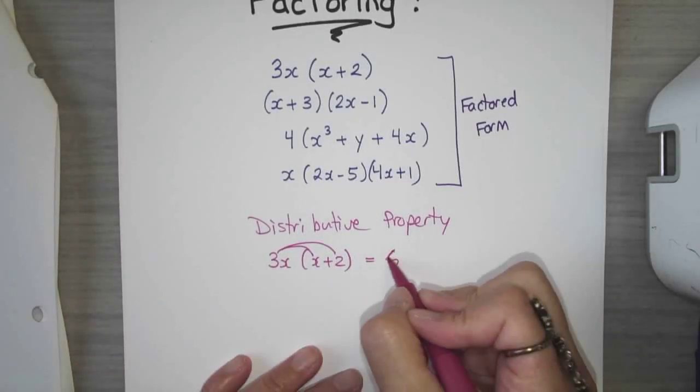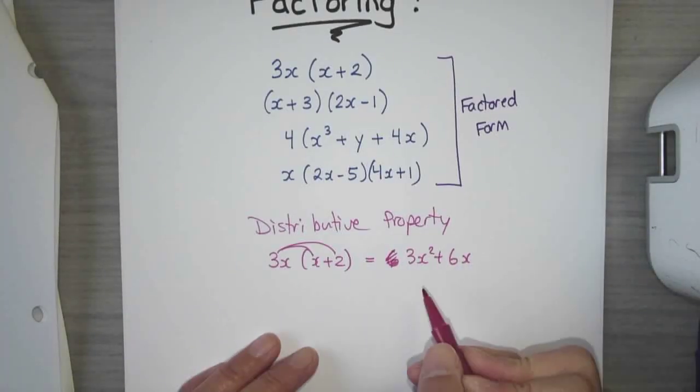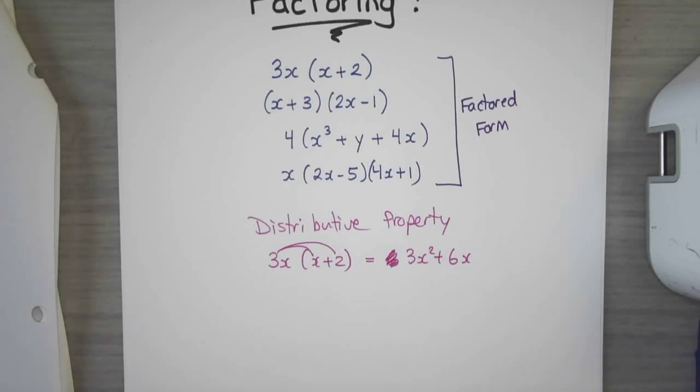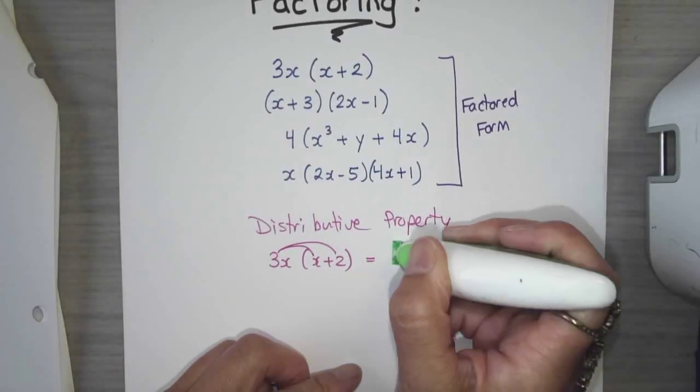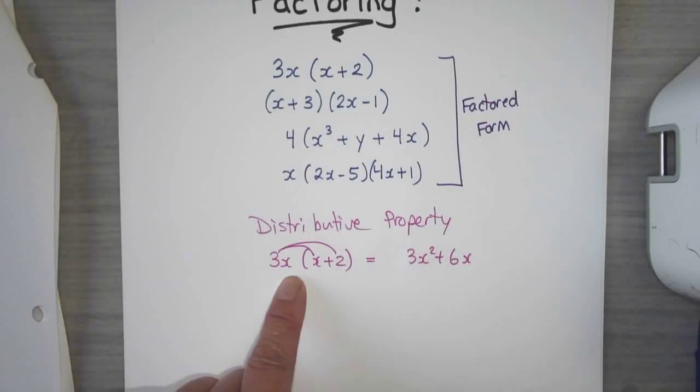So 3x squared plus 6x. So what we're asking you to do now is to be able to work backwards. So we're going to give you this part, and get you to go into factored form.